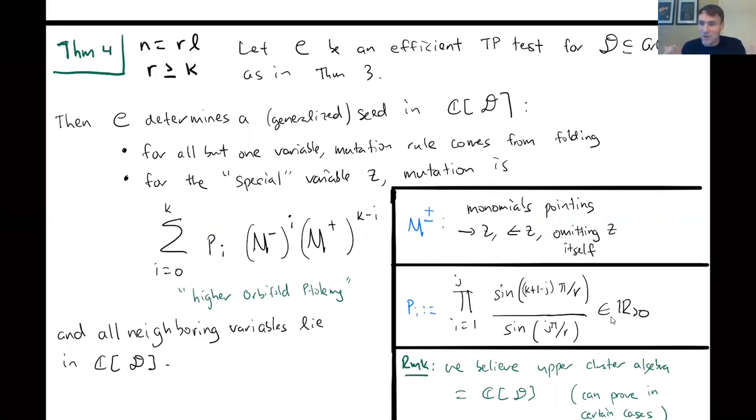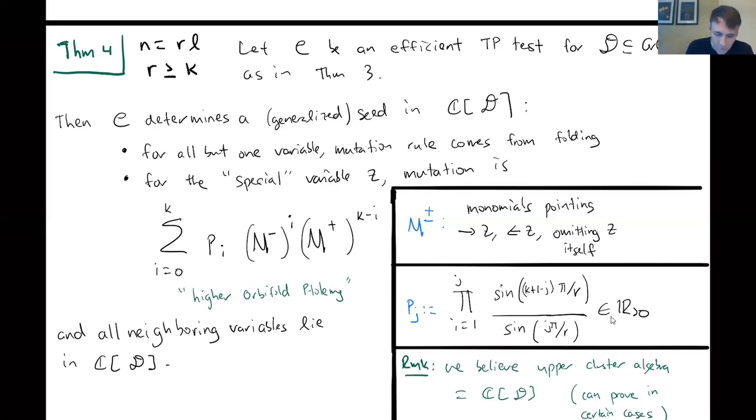And the interesting miracle to me is that the coefficients are these really non-trivial trigonometric numbers. So a big, oh, I wrote pi, it's probably p_j, sorry. So it's some crazy product of sines, just like we saw in the SL_2 orbifold Ptolemy relation, which had a cosine of pi over r.